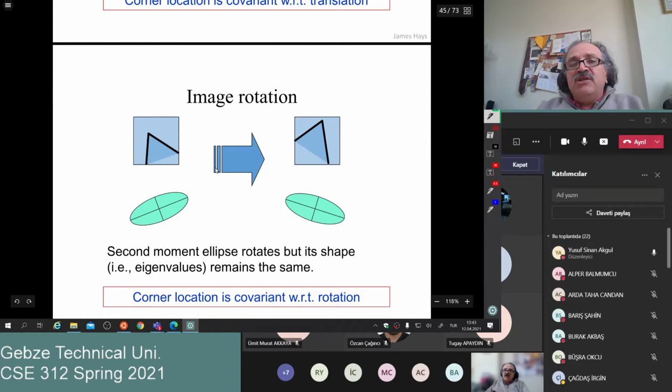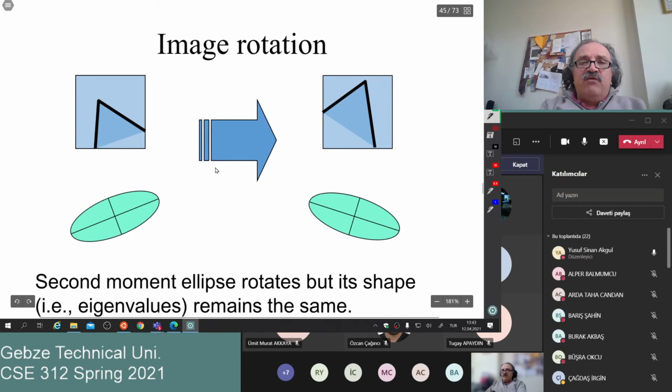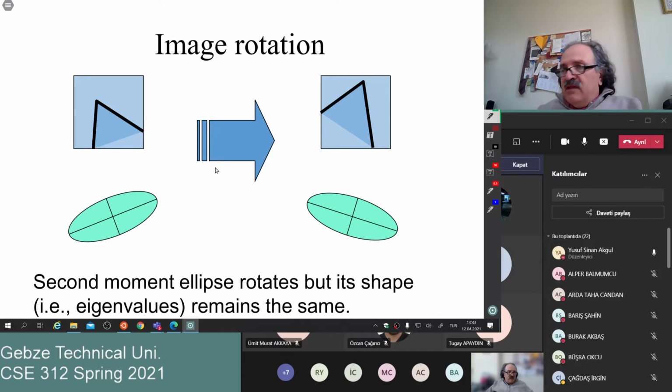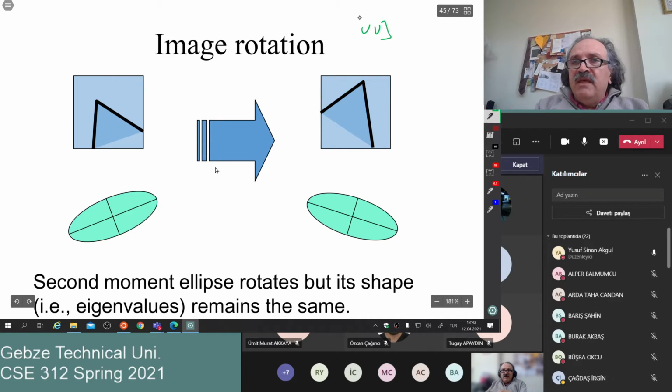How about rotation? Rotation is the same. I mean, the matrix that I am going to get for this corner and this for this corner will be different, but their lambda values for these ellipses will be the same. Okay, so remember that the ellipse formula that we did, [u v] C [u v]^T.